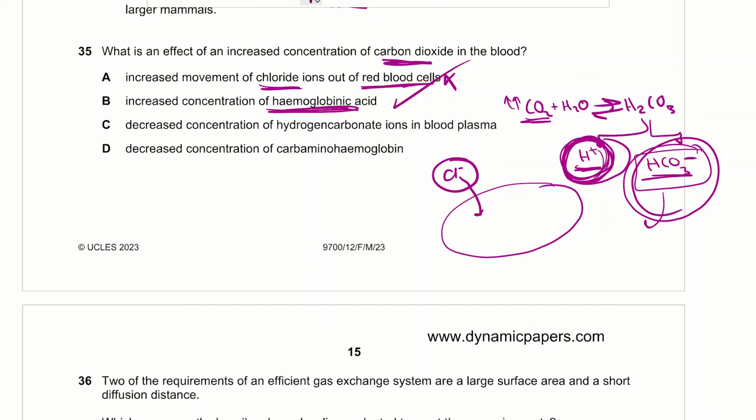C, decreased concentration of hydrogen carbonate ions. This is incorrect. We just said both of these actually increase. D, decreased concentration of carbaminohemoglobin. This is incorrect because another way of carbon dioxide transport in the blood is that it binds directly to the globin polypeptide chains, forming carbaminohemoglobin. Therefore, the correct answer is going to be B.